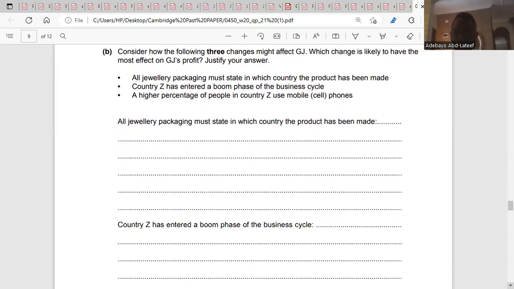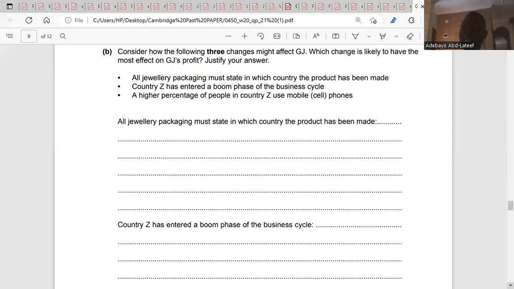So for country Z, entering a boom phase of the business cycle. What business cycle means is the stages at which the economy witnesses growth or boom, to recession, and back to growth. So if the country is witnessing boom, it means economic activity in that country is increasing.